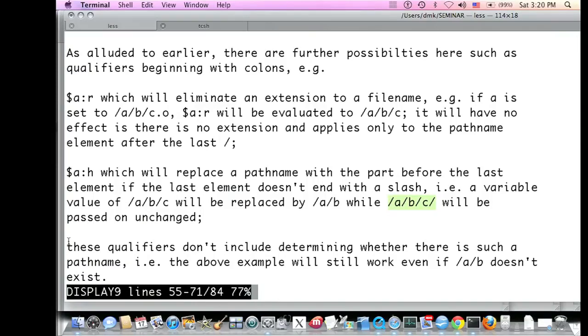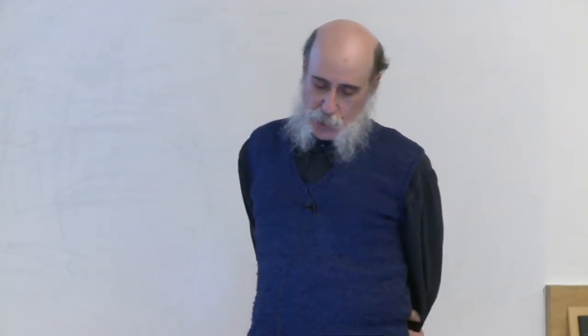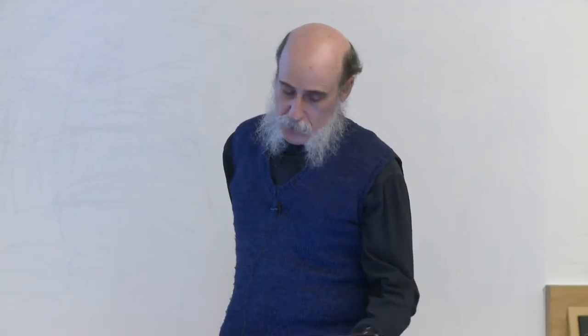These qualifiers don't search for the existence of these files. They just look for strings. Now these are intended to manipulate file names, path names, but they can be used on any string, even if it's not a file name, and they don't look for the existence. So if there's no such file /a/b/c, this will still work. Whether it's of any use is another question, but it will still work.